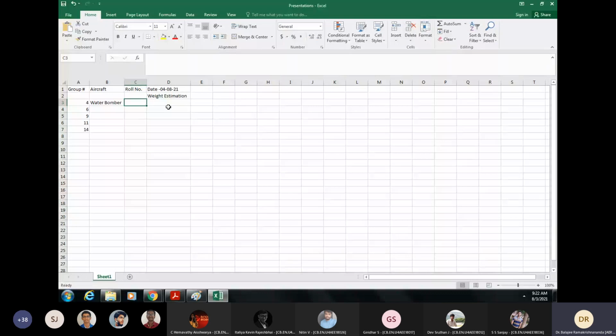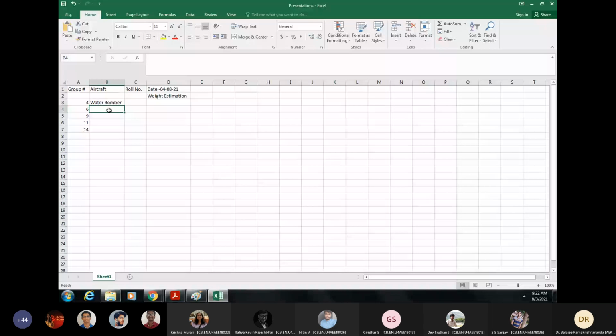Group 6, what aircraft do you have? Amphibious aircraft, sir. Amphibious. Who have you decided is presenting? Not yet. Sir, I think I'll be presenting tomorrow. Krishna, roll number is 22. Okay. So group 9. Who is group 9? Group 9, no one here.